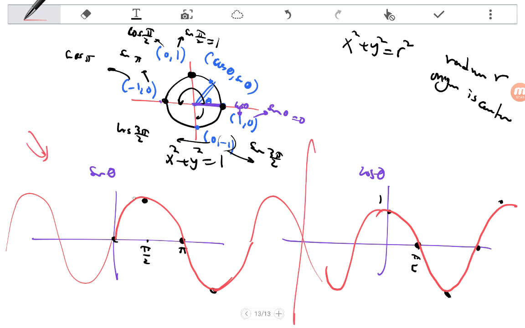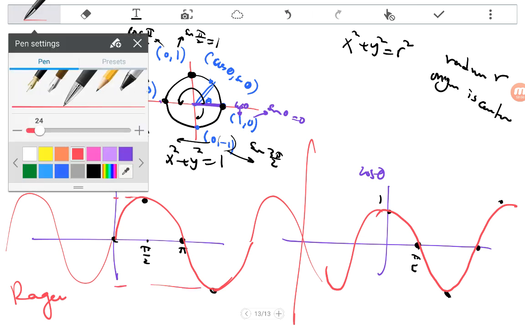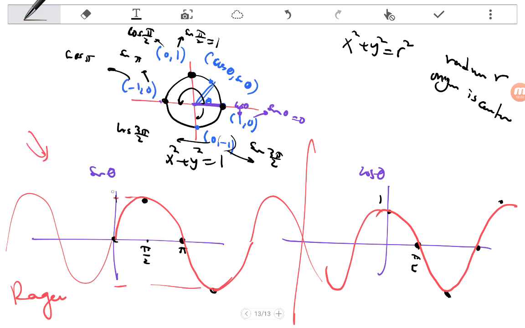We need to know the domain and the range of the cosine and sine. What is the range of the sine and cosine? The range, or the output, or the y, of the sine or cosine is always inside the interval from -1 to 1. So the range is equal to -1 to 1. What about the domain?